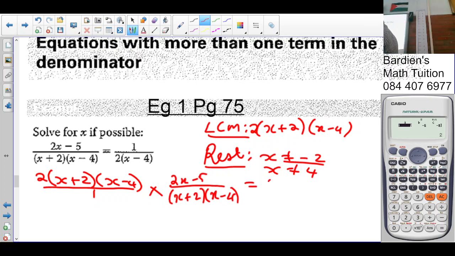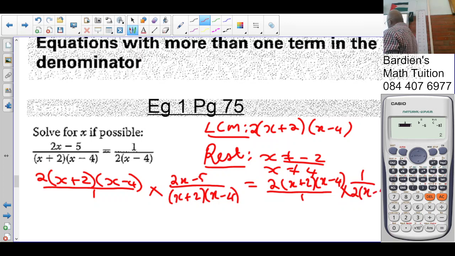Again, the LCM, 2 into x plus 2 into x minus 4 over 1, as you multiply it by 1 over 2 into x minus 4. Are you all okay with that?